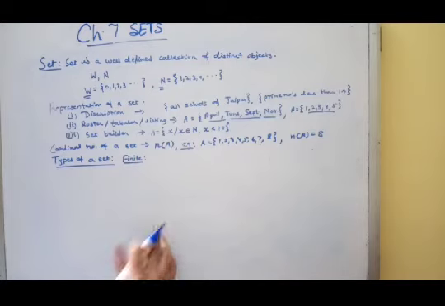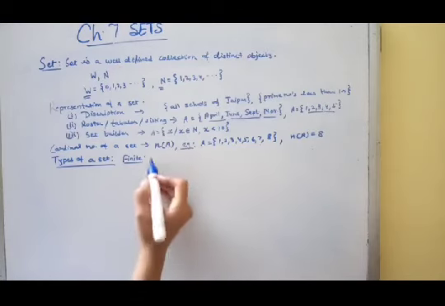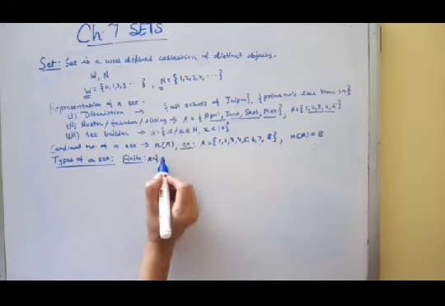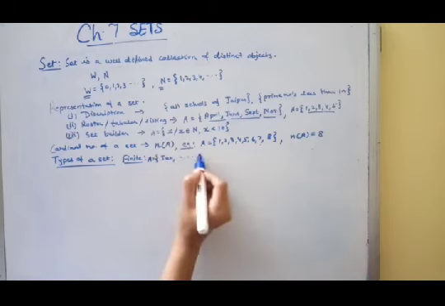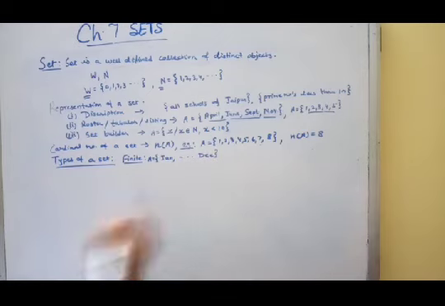Just take one example, the set of months in a year. So the months in a year form a finite set because they are countable, and we write here a set A and its elements are January to December. These are countable, so it is a finite set.